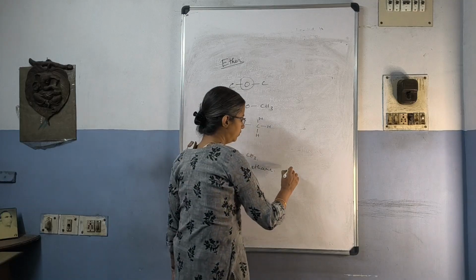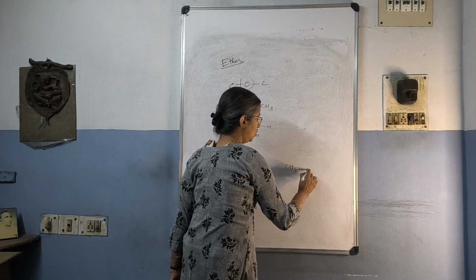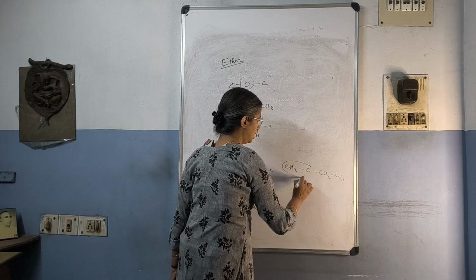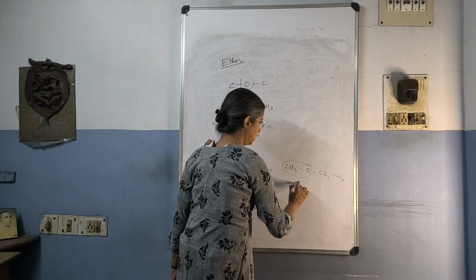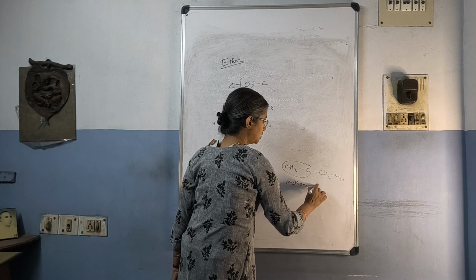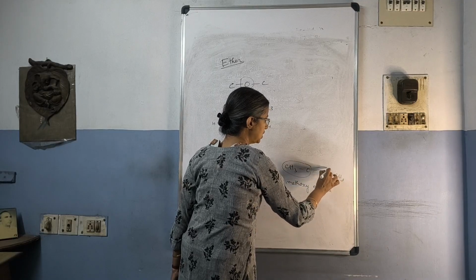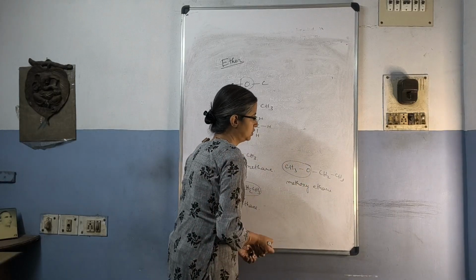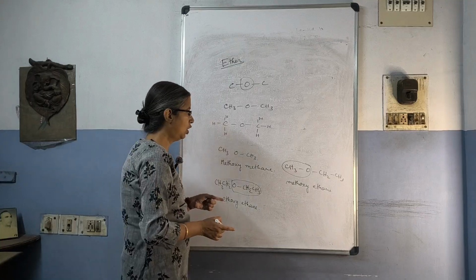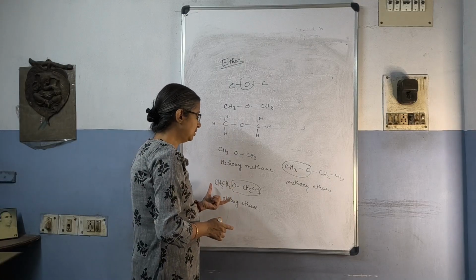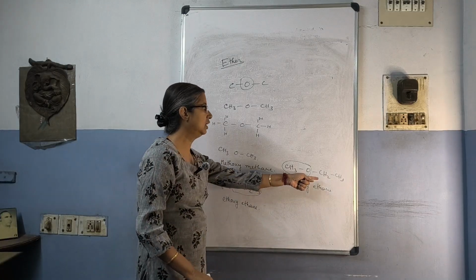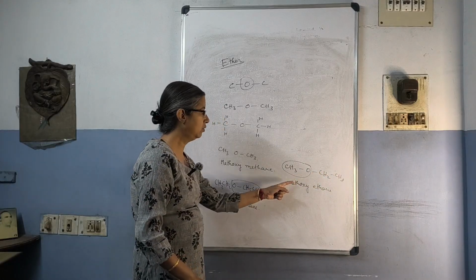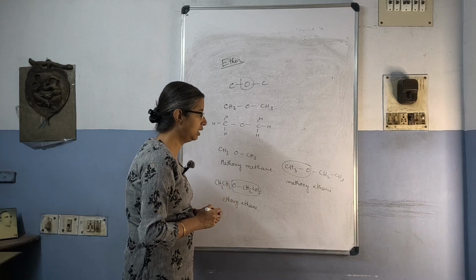Now if we have CH3OCH2CH3, then we will say methoxyethane. That means we will always choose the longest chain as the parent name and methoxy as a substituent. Not that we take it right-wise or left-wise, not that way. We will see the longest chain here. So this is ethane and we have methoxyethane.